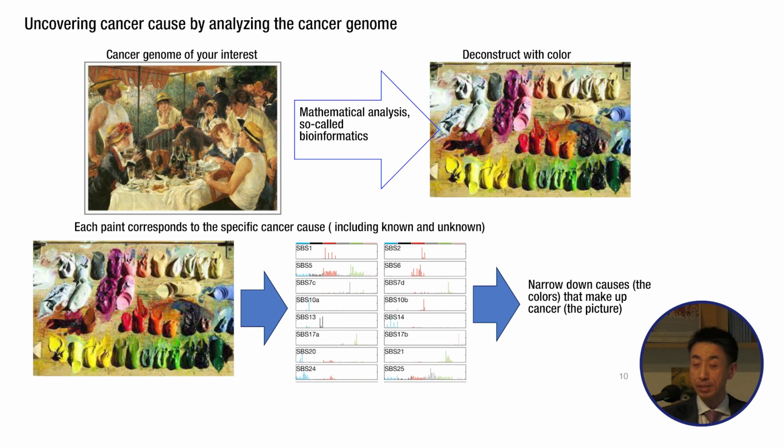So if you see the picture and deconstruct it into colors, you can tell which colors are used in this picture, and each color is linked to a specific cause. That's why we can speculate what the cause of this cancer is. That is the processing of the data, and I will present an example of how we can use this analysis for gastric cancer.